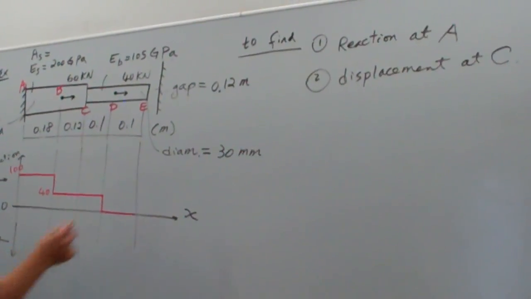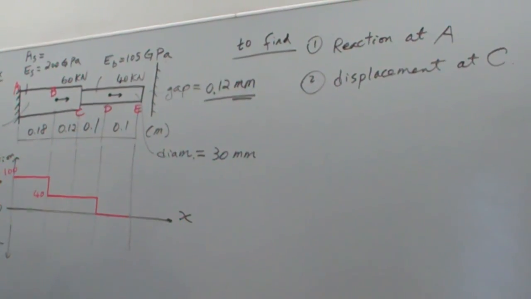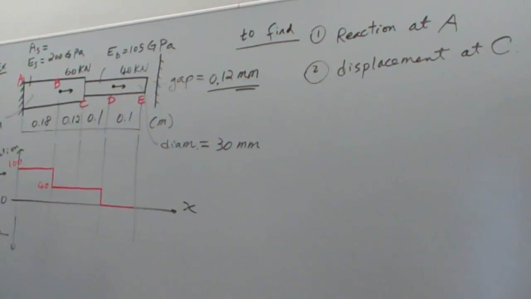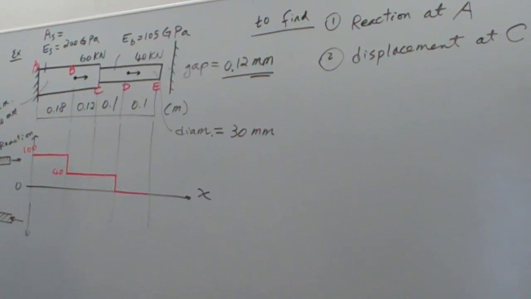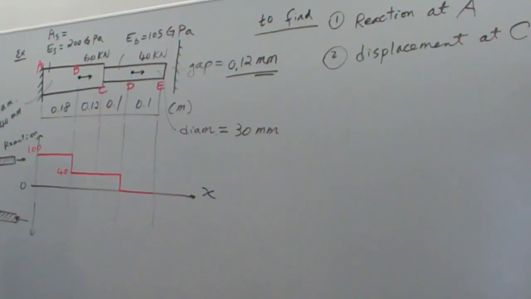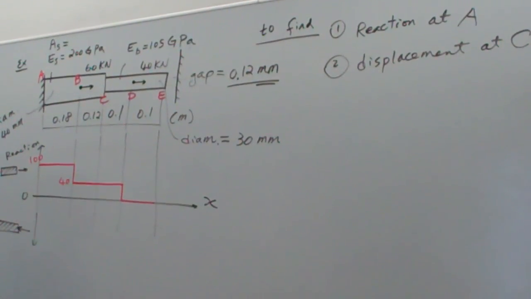Sorry, that is very small. So first, we simply calculate whether the gap will be closed. If closed, then we have to use the indeterminate problem strategy. If not, then we get the answers right away.